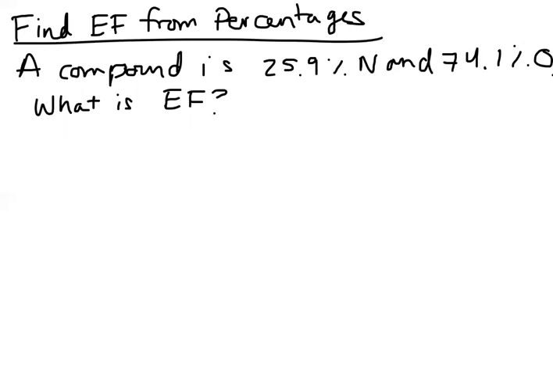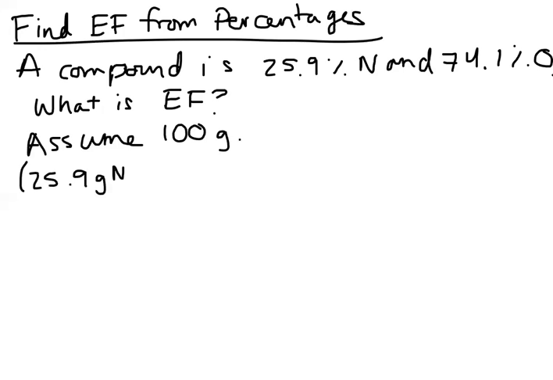Because if it's 100 grams, how many grams of nitrogen do we have? 25.9. And how many grams of oxygen do we have? So you just turn those percentages into grams. So you have 25.9 grams of nitrogen. 1 mole of N is 14.01 grams.